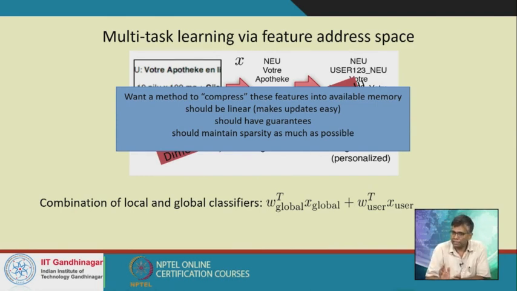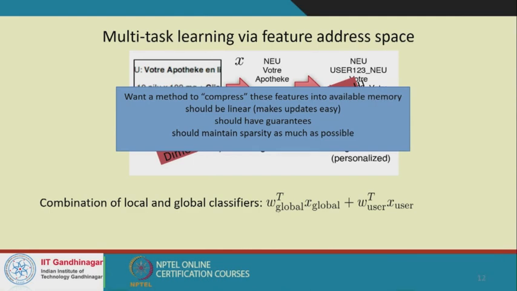Ideally it should have guarantees, and should maintain sparsity as much as possible. The emails themselves are obviously sparse data, and I don't want to densify them too much.